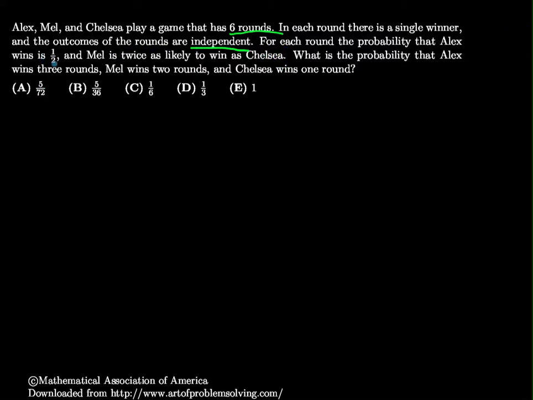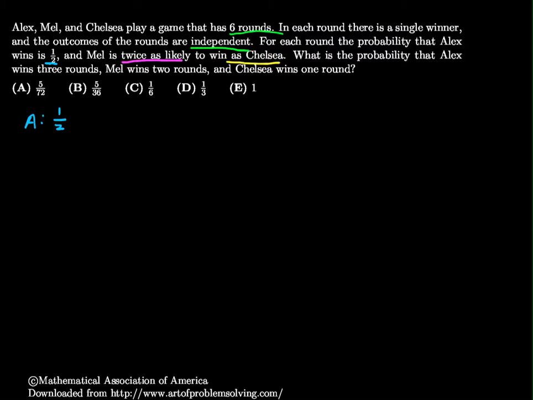So let's have Alex be blue. Alex wins is 1/2. Mel is twice as likely as Chelsea to win. So, what we know from this is Alex has a 1/2 probability to win.